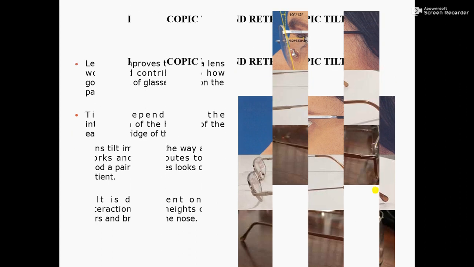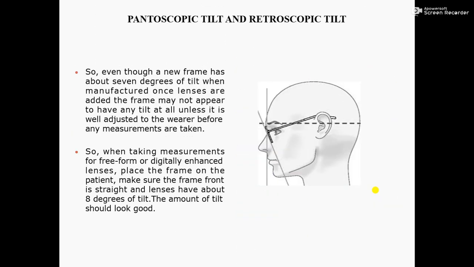Next, even though a new frame has about 7 degrees of tilt when manufactured, once lenses are added, the frame may not appear to have any tilt at all unless it is well adjusted to the wearer before any measurements are taken.